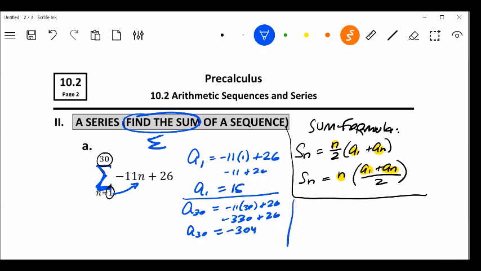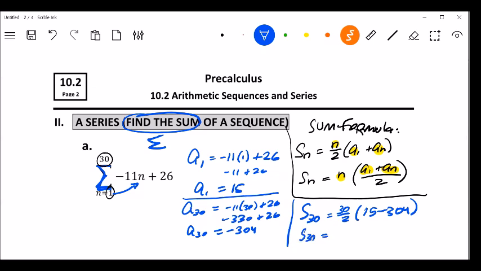Now we will use it with the sum formula. The sum out to 30 terms is equal to 30 over 2 times the first term, 15, plus the last term, so plus negative 304, which means subtracting 304.